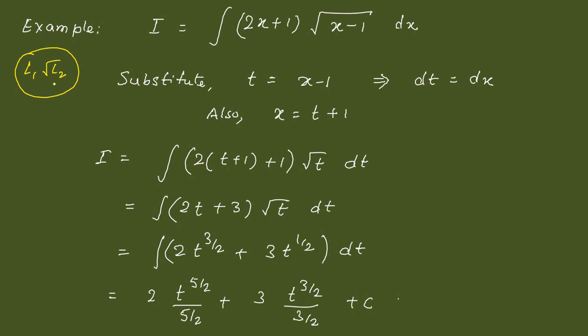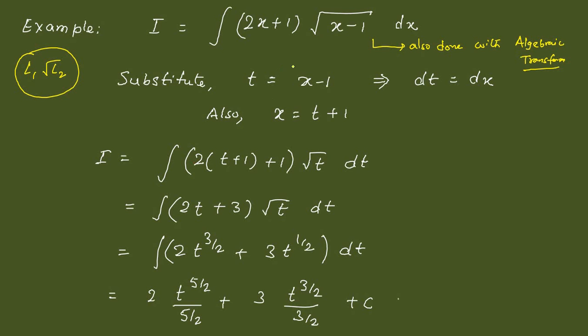The first is algebraic transformation, so this can also be done with algebraic transformation. You can go to the same topic and see how we have handled this with that technique.